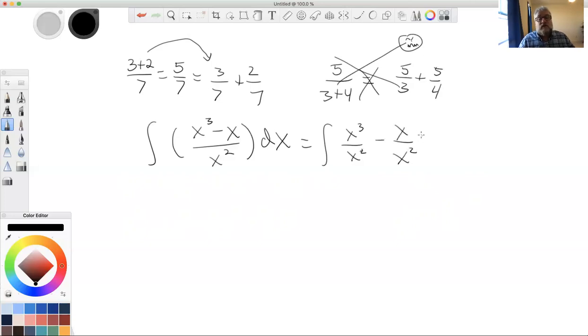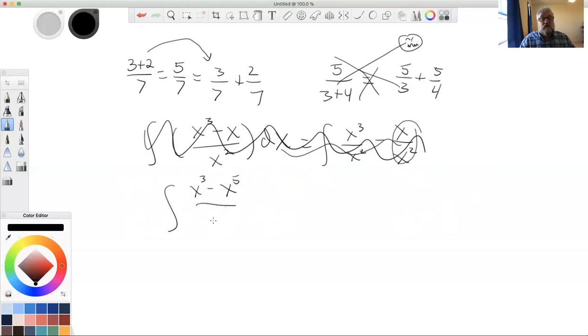And shoot, I got it the wrong way. Let me do another one. Because you don't know how to integrate that one yet. So let's change it to x cubed minus x to the 5th over x squared. There we go. So this will be the integral of x cubed over x squared dx minus, because the minus is right here, integral of x to the 5th over x squared dx.